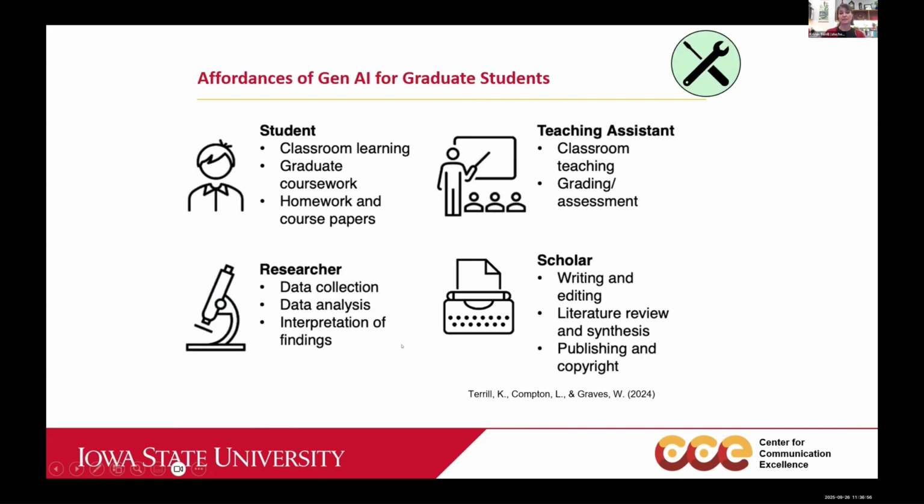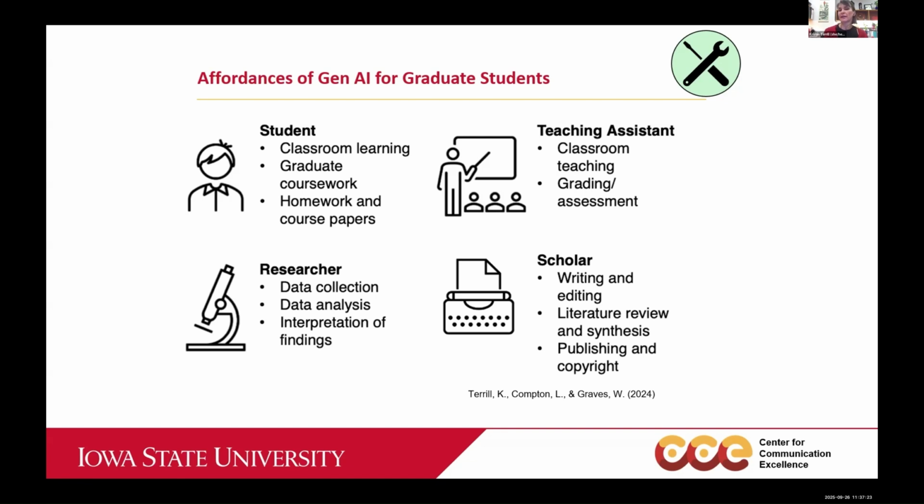All right, let's get back to real life here, outside of the algorithm, into the world that we inhabit. We're talking about the work that we do with graduate students, and graduate students occupy many roles in their lives. They are students, of course. As students, they engage in classroom learning, graduate coursework, and they do homework and course papers.